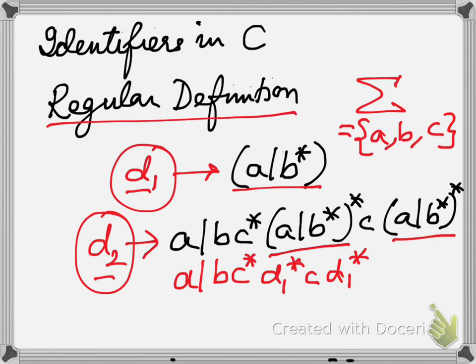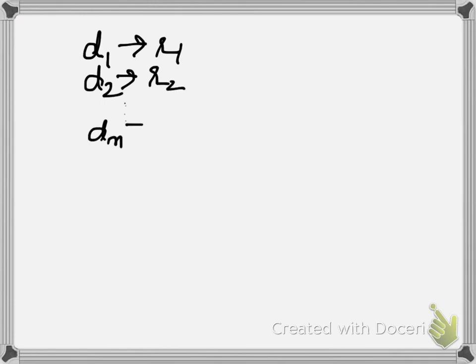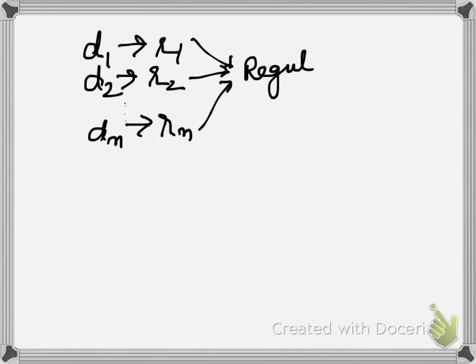So in a formal way, we can write this as a regular definition is a sequence of the form D1 represents R1, D2 represents R2. Like this, you can have as many as you want. Dn represents Rn. So here R1, R2, Rn, these are all regular expressions.